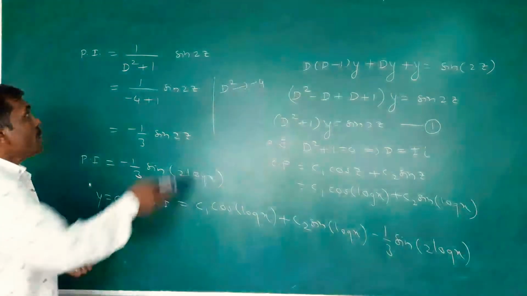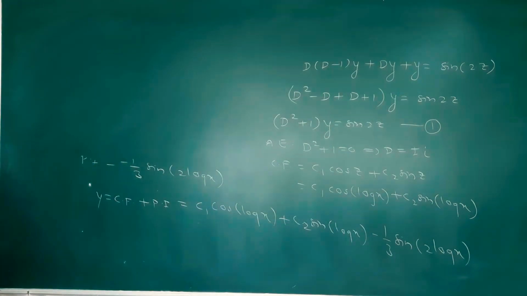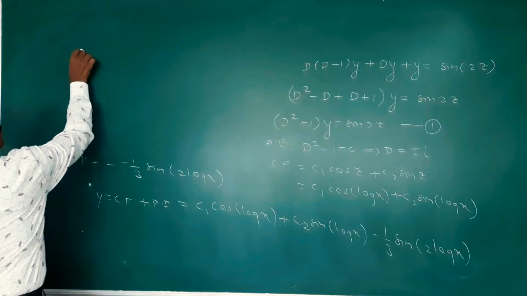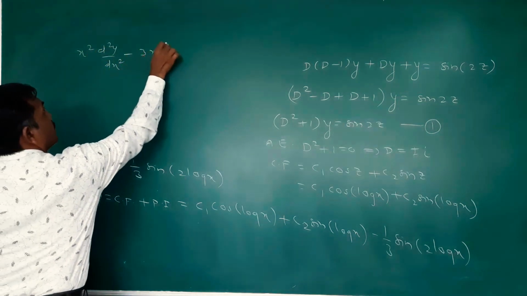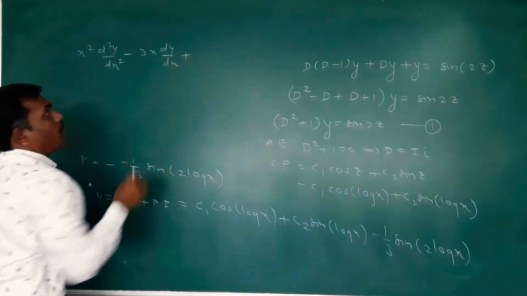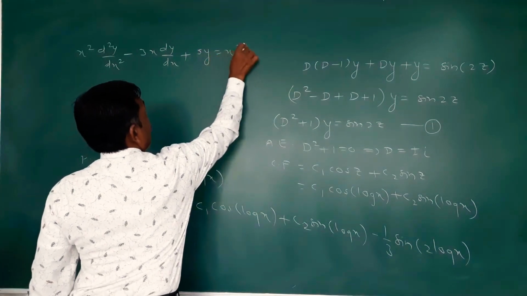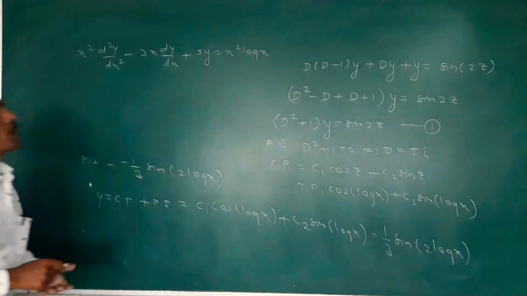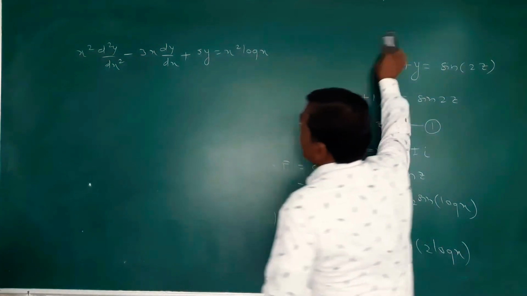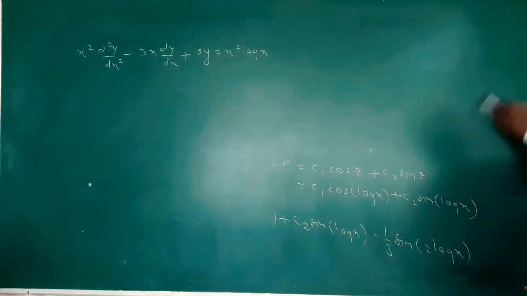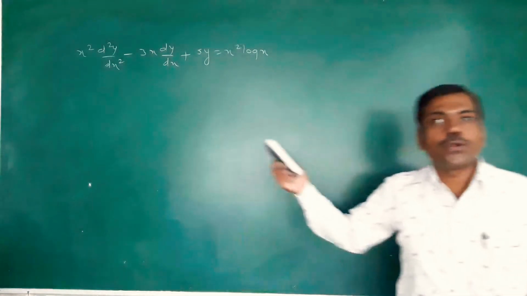So here the next example is x square d2y by dx square minus 3x dy by dx plus 5y is equal to x square log x. We are going to solve it.